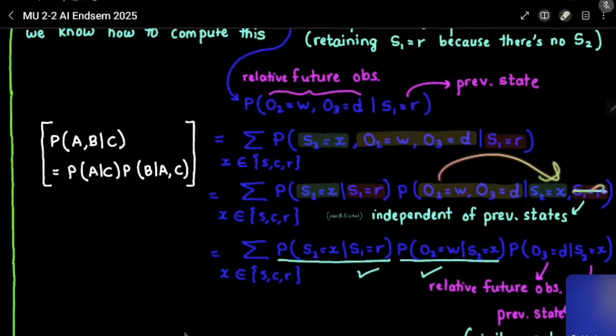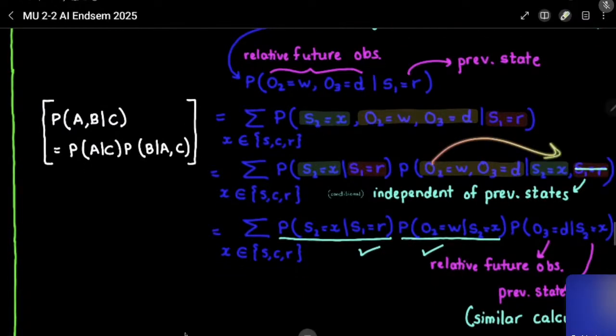I don't need S1 anymore, so I can remove S1 because that is essentially the assumption of output independence. If you have the probability of an observation given any sequence of states and sequence of observations, it will boil down to the probability of the observation given that current state. So in this case, you could think of the current state as S2 because O2 depends on S2.